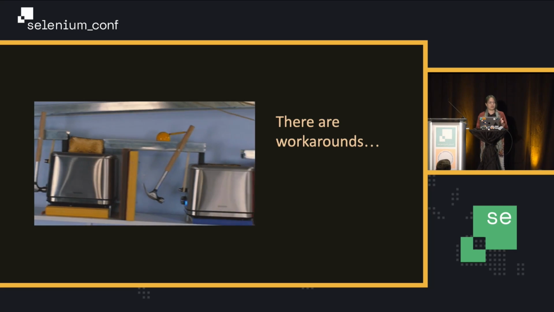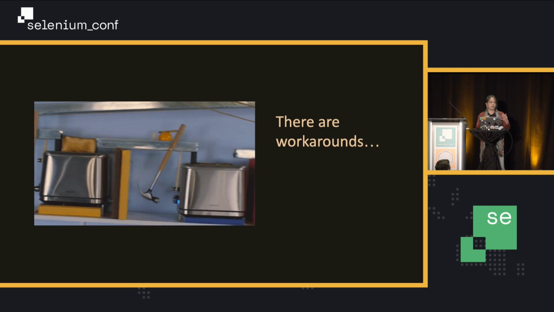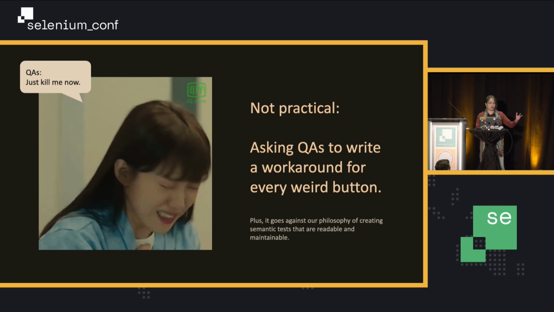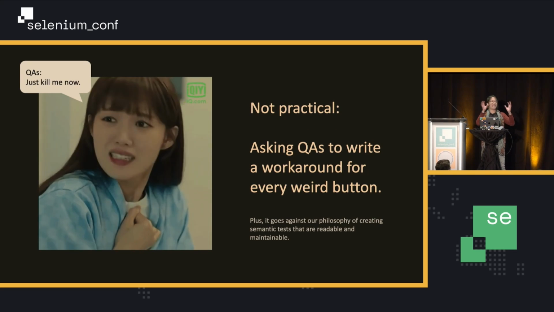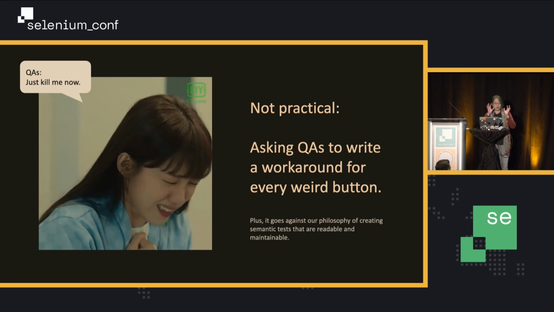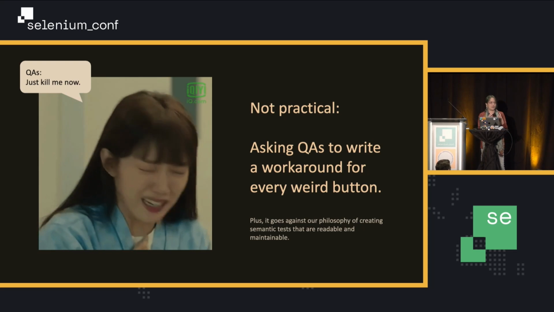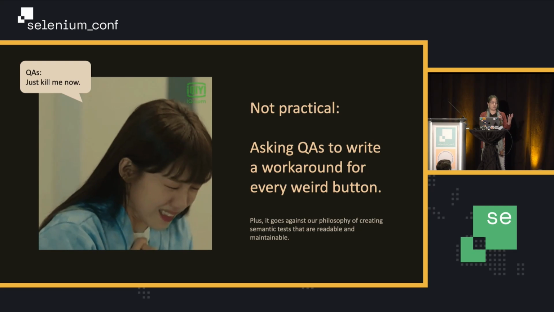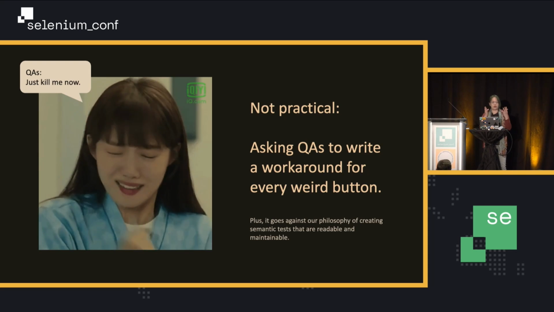So there are workarounds, but because our users are typically very new to test automation, they are usually not familiar with Selenium itself. So when I send them workaround code, they're like, oh, what is this alien piece of code? And it goes against our philosophy of having the tests that our users write be readable and maintainable.